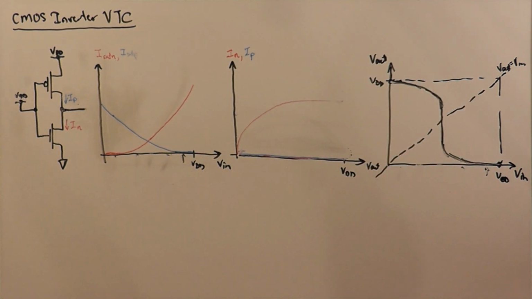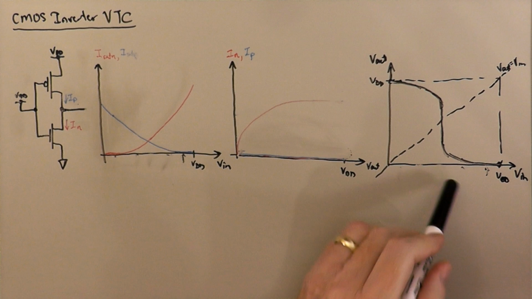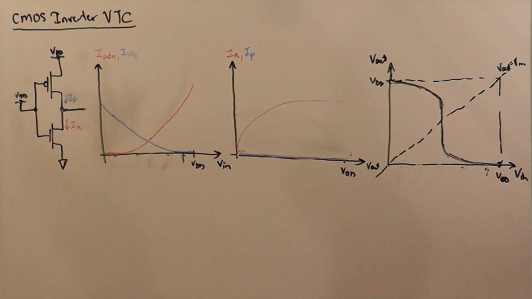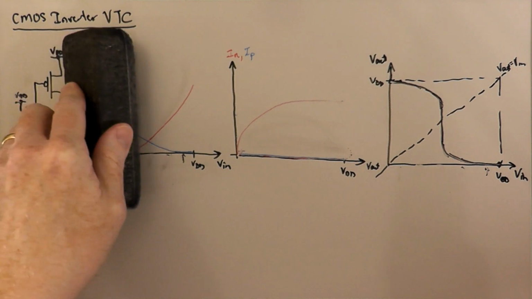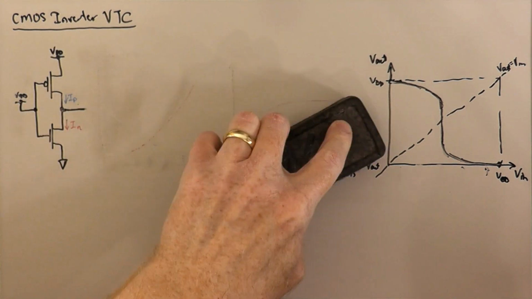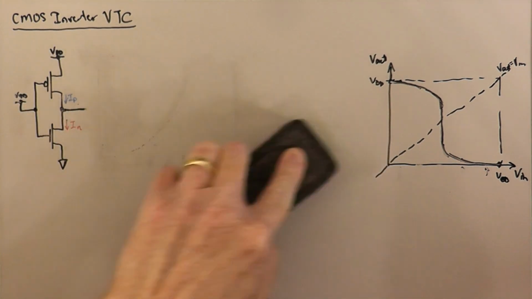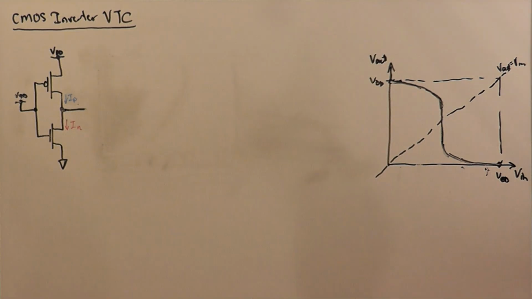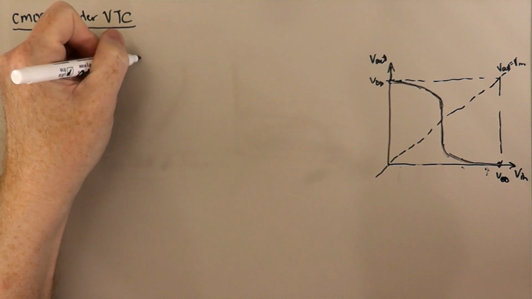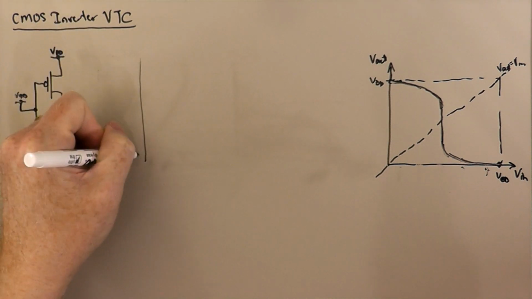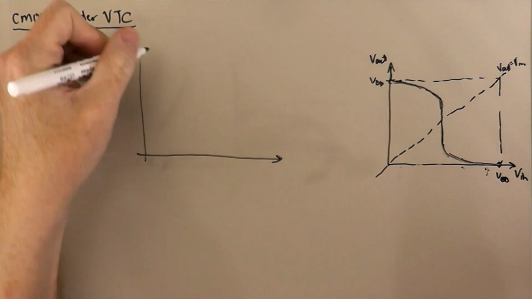And so I want to talk about some interesting features of this voltage transfer characteristic that we can see. And maybe the best thing to do would be to move this over a little bit here. So let me quickly sketch this over here.